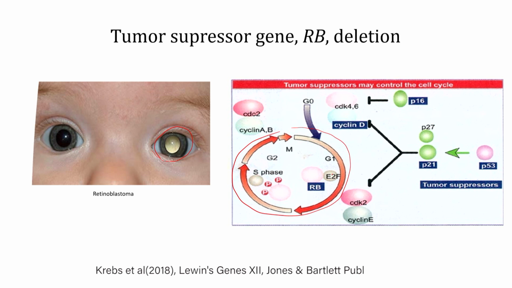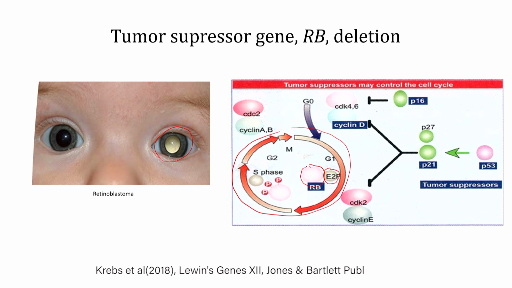This E2F is a transcription factor which is very important for groups of genes whose activities are essential for G1 and so that the cell will go to S phase. But if RB protein is holding this, the result is that the cell cannot go to S phase. That is how the cell cannot divide.